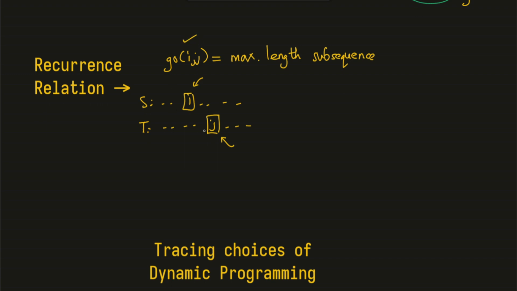So if we only had a string which was this part for string S and this part for string T, then these were the starting positions that we were actually iterating over for finding out a common subsequence.